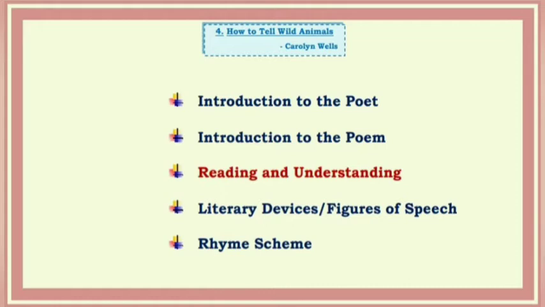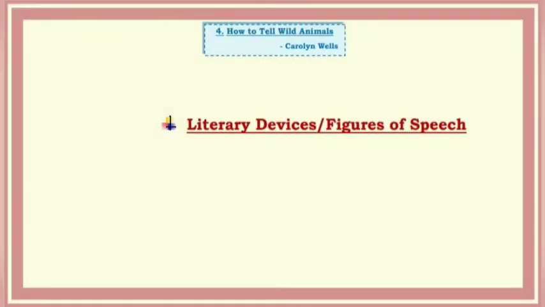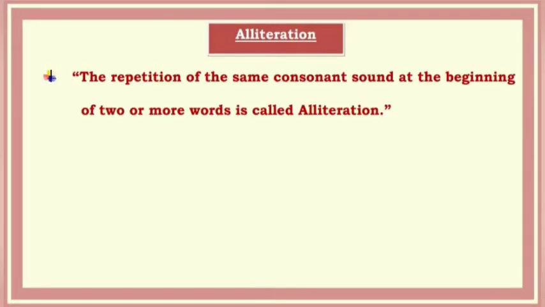After reading and understanding the poem, now let's examine the literary devices or figures of speech used in the poem. First, let's see the use of alliteration in the poem. Now, what's alliteration? The repetition of the same consonant sound at the beginning of two or more words is called alliteration.